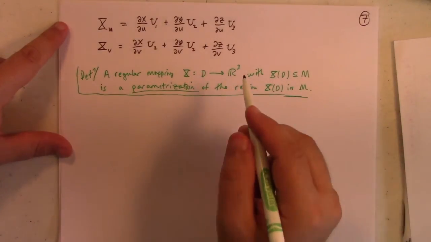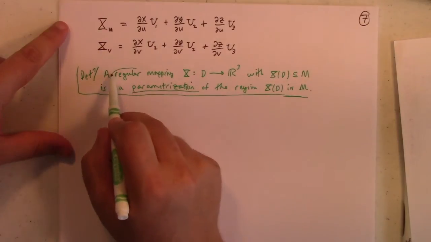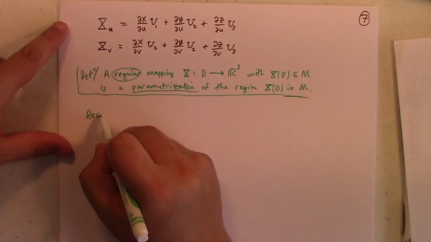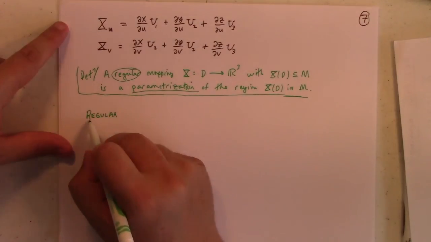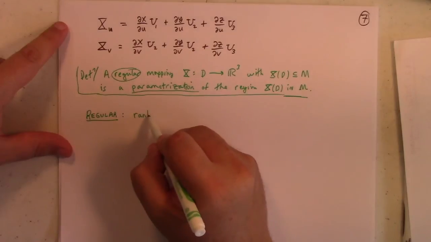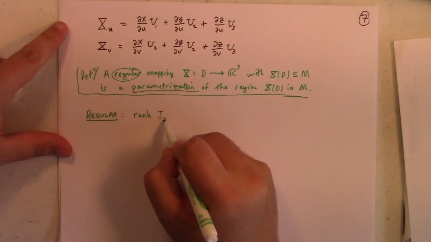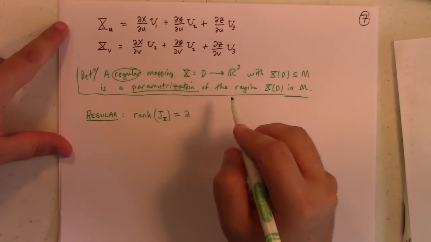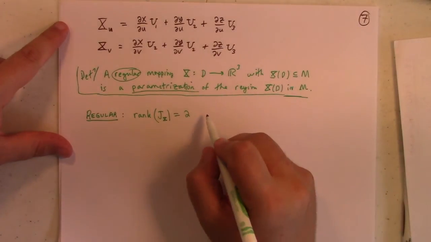Now, so what is regular again? Let's pick on that. Regular means, as I told you, that the rank of the Jacobian of x was equal to 2 everywhere, right?